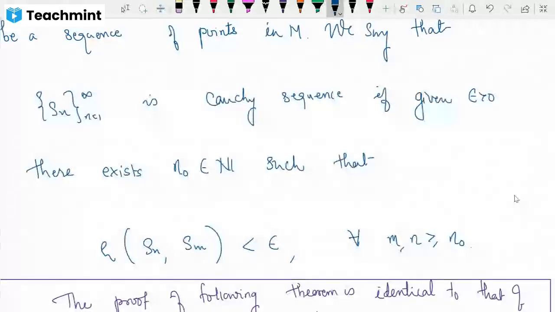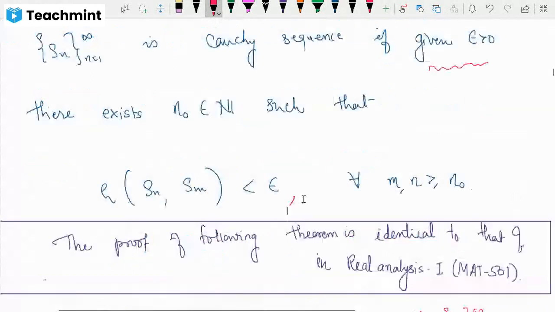So it should be true for every epsilon greater than 0: for every epsilon greater than 0, you should find a fixed positive integer n0 such that whenever m and n are greater than or equal to n0, rho of Sm and Sn should be less than epsilon. So this is the definition of a Cauchy sequence. We are just revising this definition in metric spaces.